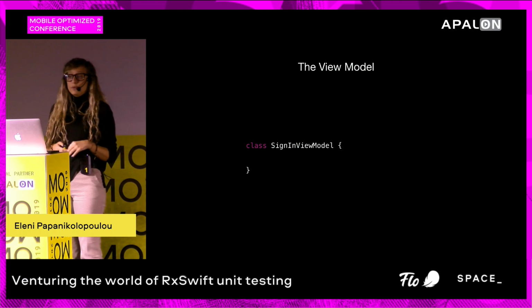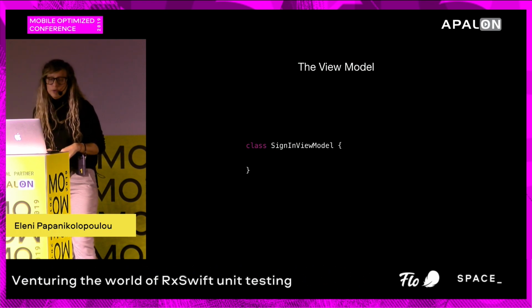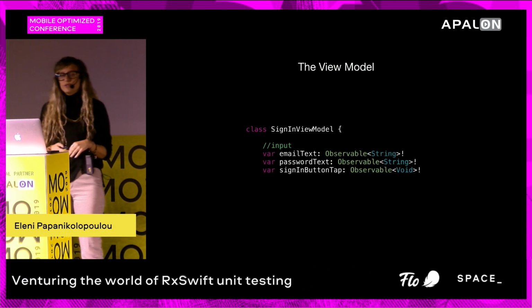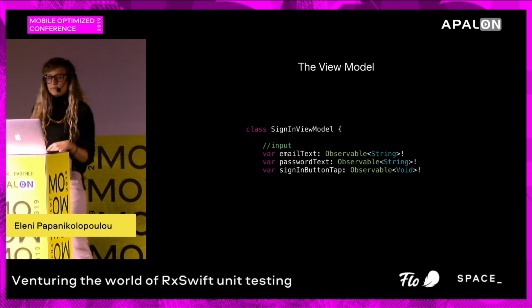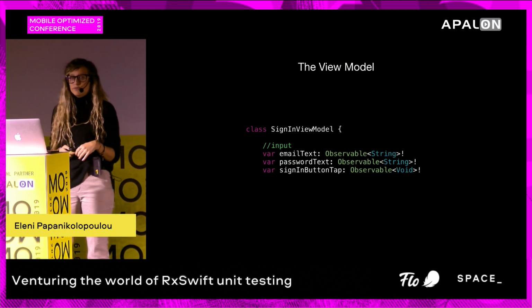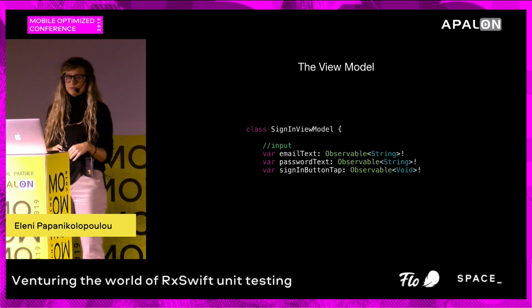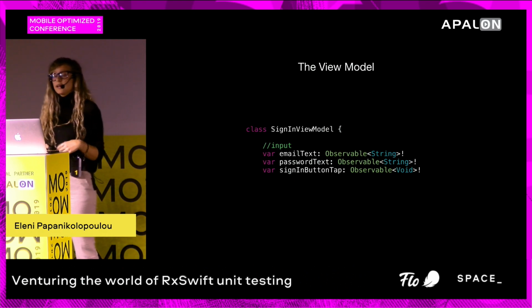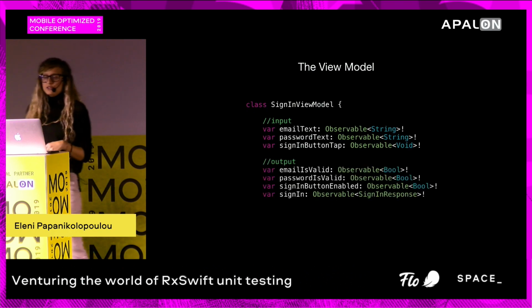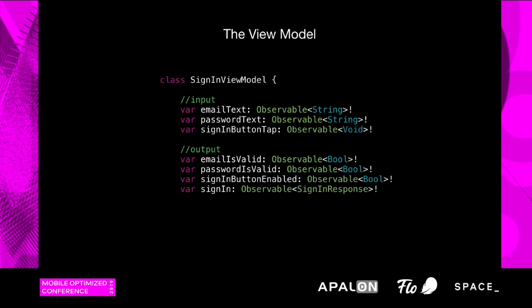So what is the code that we need to write in order to implement our view model? In the view model class, we have the inputs that we described earlier. We have an observable of type string with email typed, an observable of type string with password typed, and an observable of type void with the sign-in button click. And we also have the outputs that we described previously.